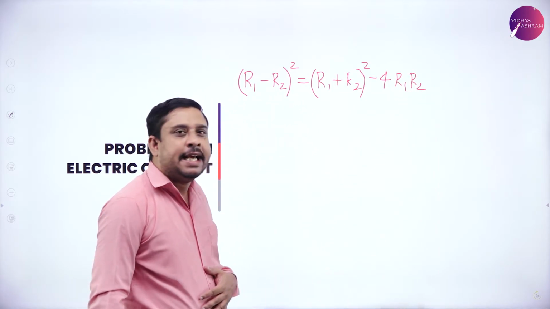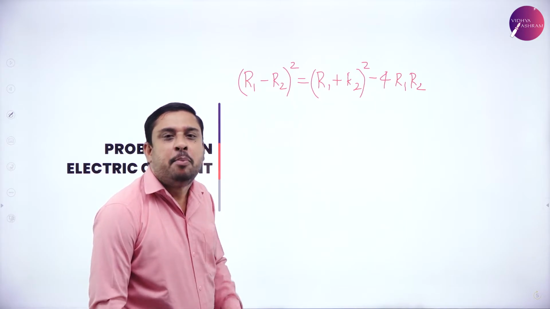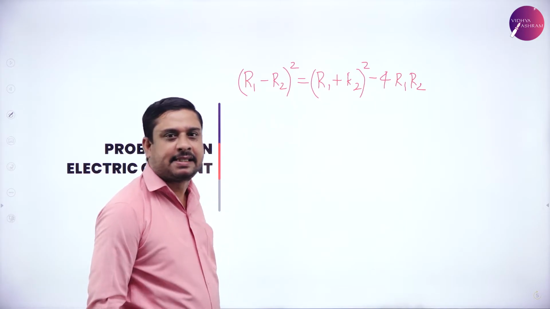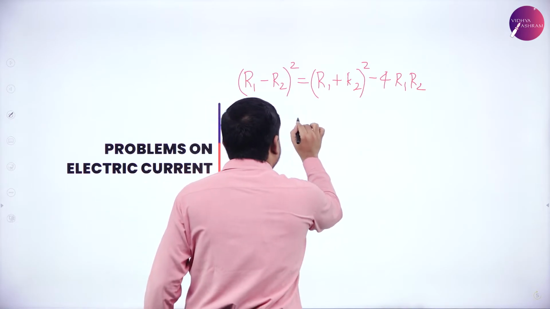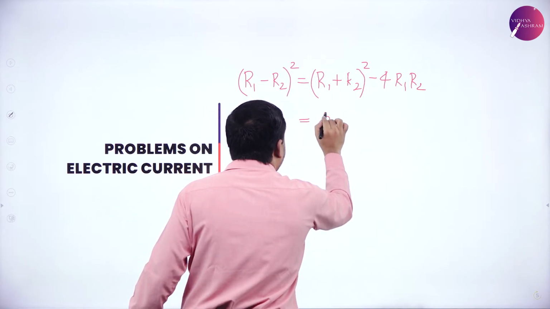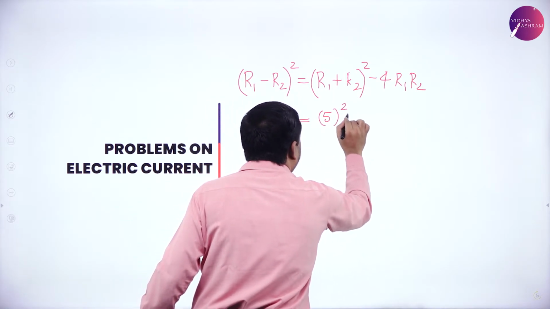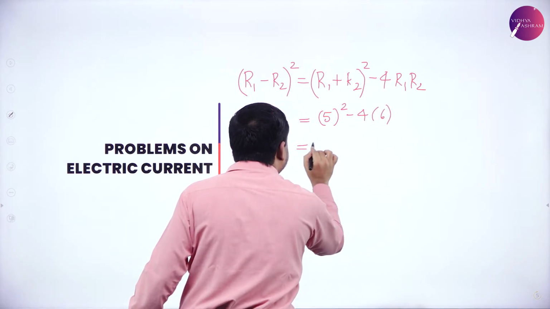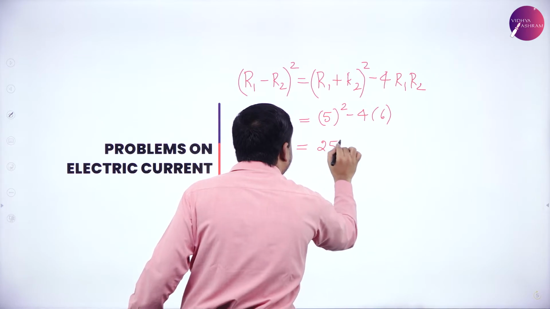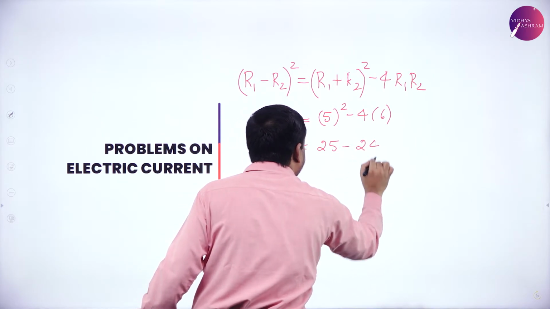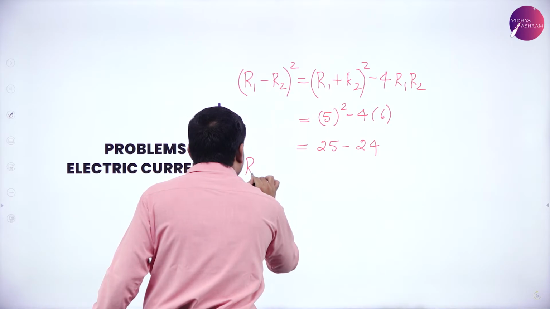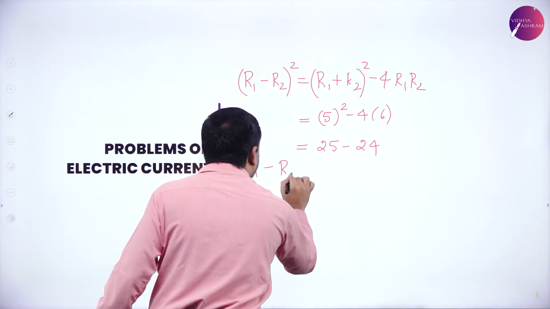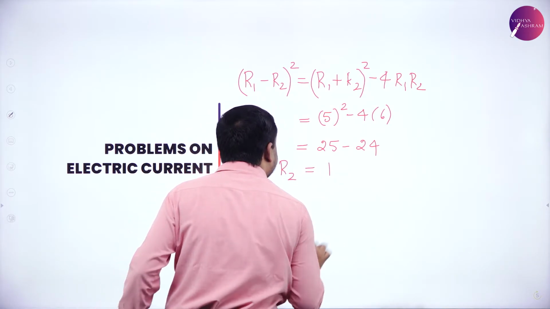This is called the equation of biquadratics. This is 5 square minus 4 into 6, 25 minus 24. So R1 minus R2 is 1.